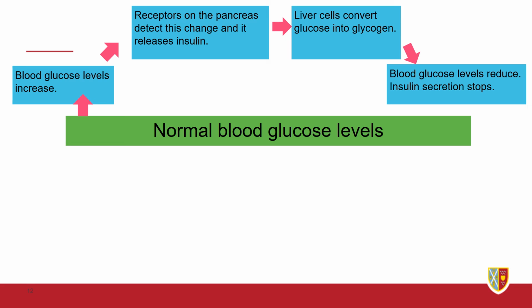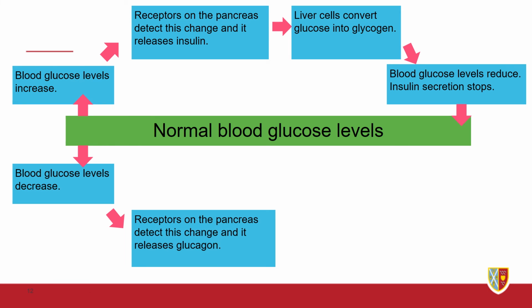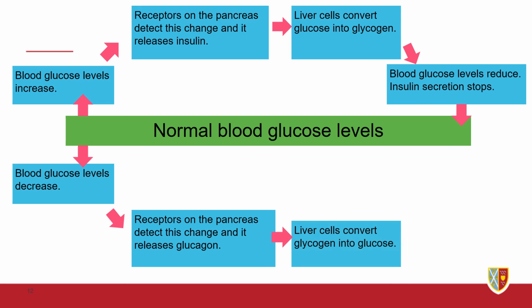If you are higher tier, you are also meant to know what happens when the blood glucose levels decrease. So when blood glucose levels go down, receptors on the pancreas are going to detect this change, but this time they're going to release a hormone called glucagon. Glucagon does the opposite job of insulin.